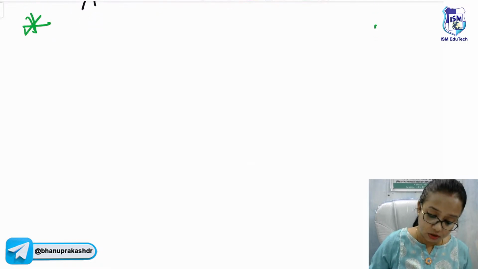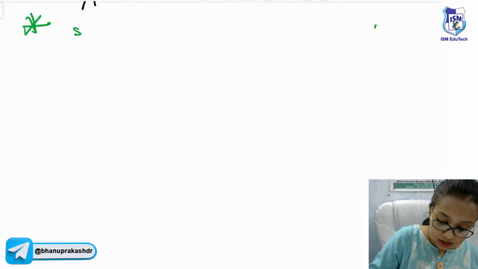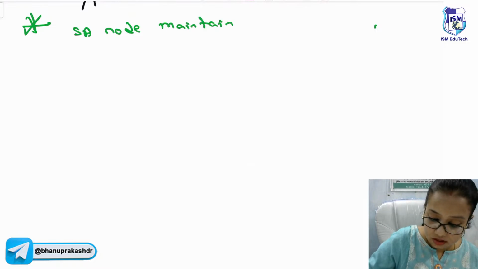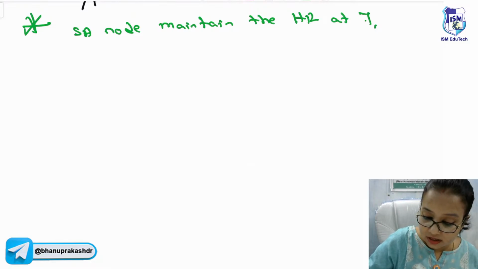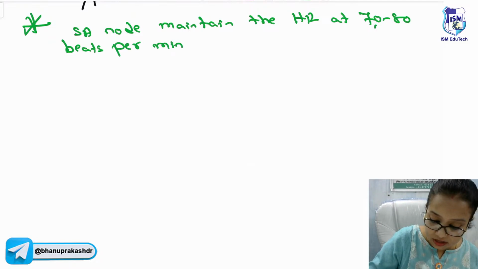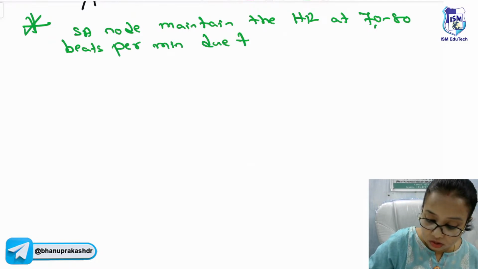Okay, so SA node maintains the heart rate at 70 to 80 beats per minute due to the vagus nerve.